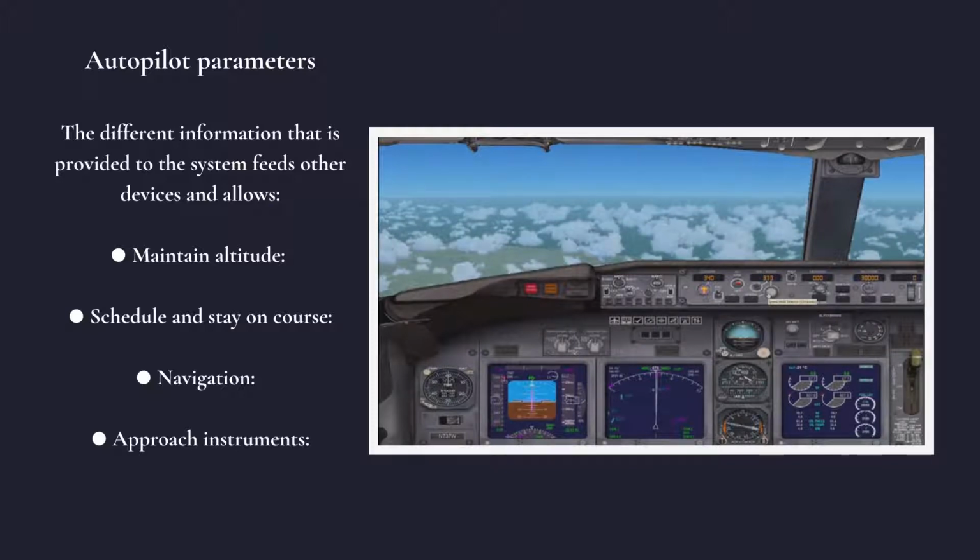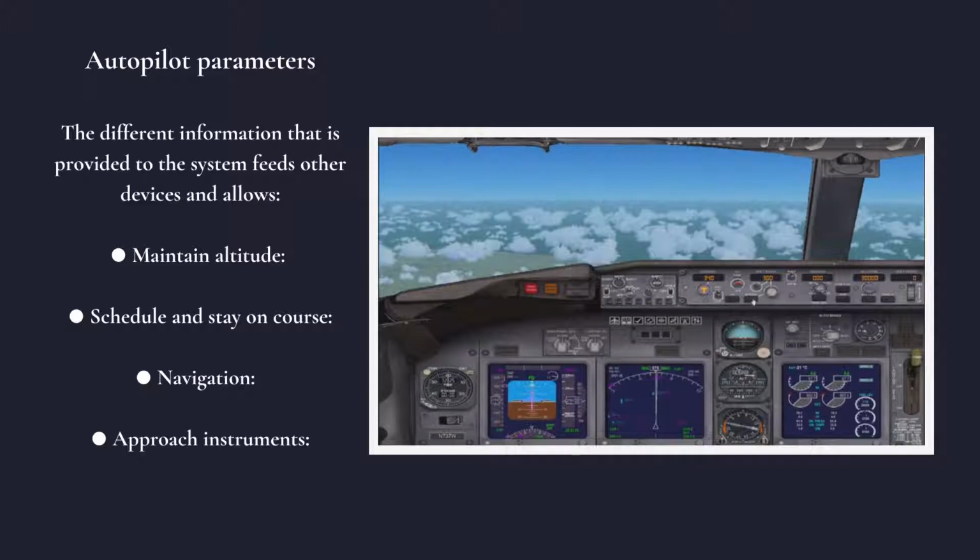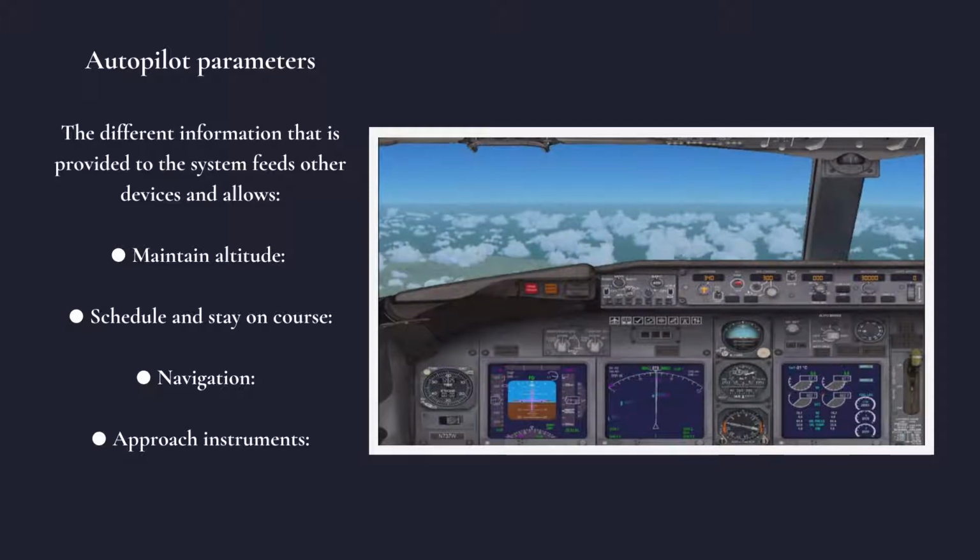3. Navigation. Through the flight management systems mentioned above, once programmed to perform the flight, the plane will follow the programmed route with great precision through the automatic pilot.